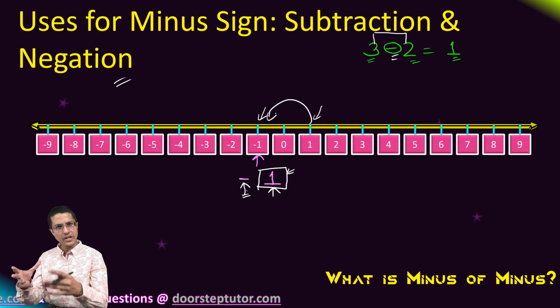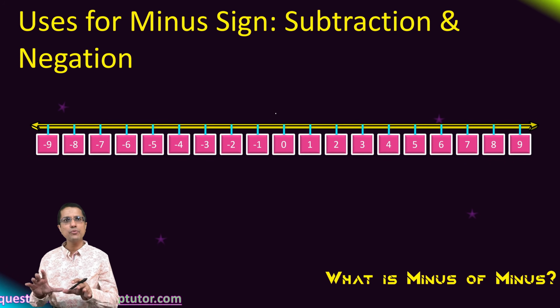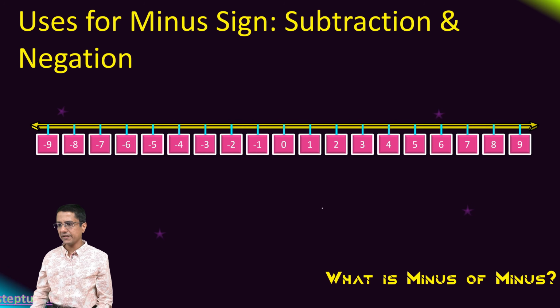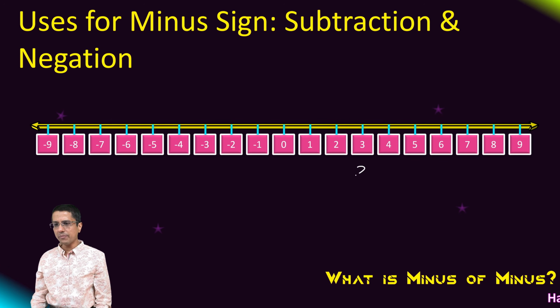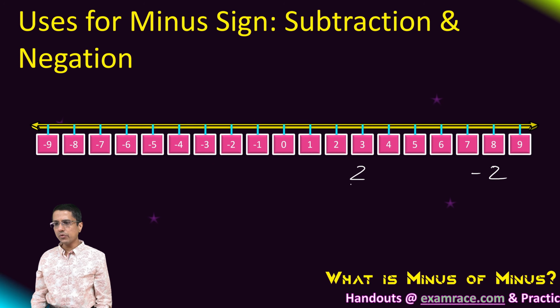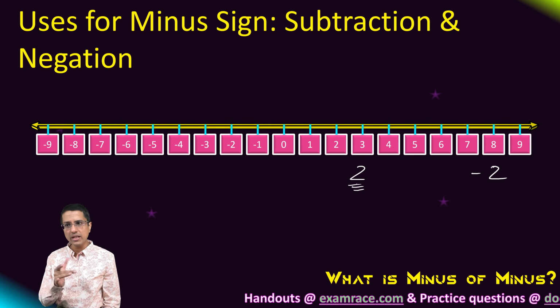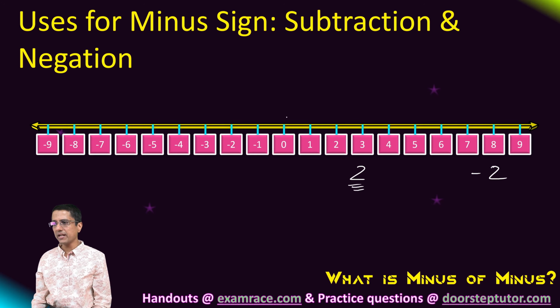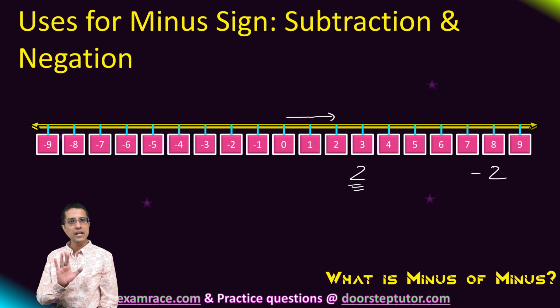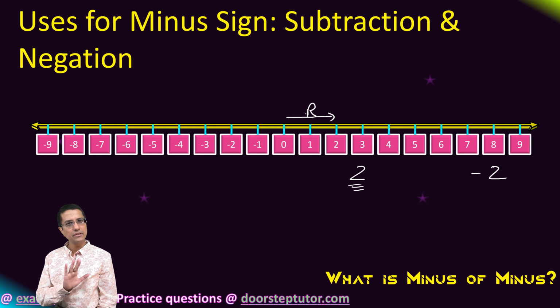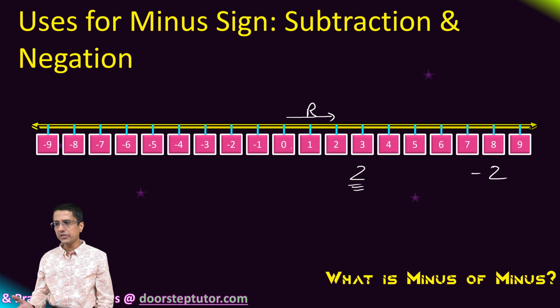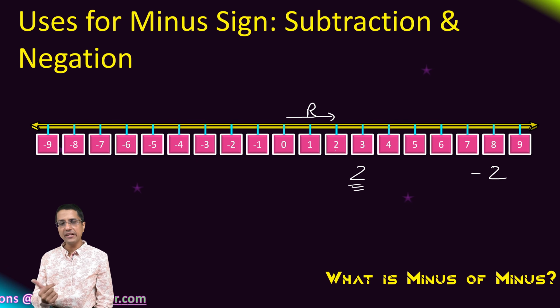Now subtraction we are really familiar with, so let's just focus on this negation for 1 second. So I have said that there are two numbers, 2 and minus 2. This 2 is just a normal number, it is on this side of the number line. To go to 2, I move right, we know that. From 0, if I go 2 places to the right, I'll reach 2.